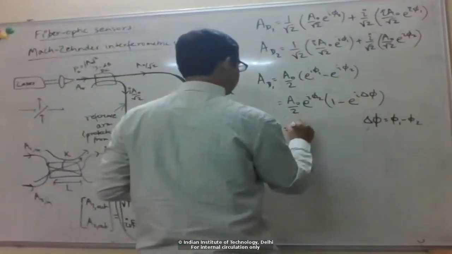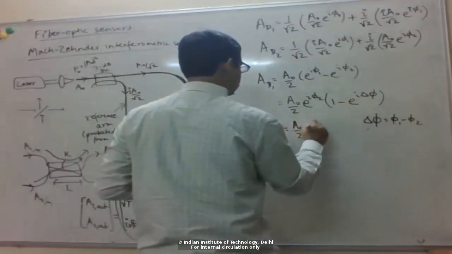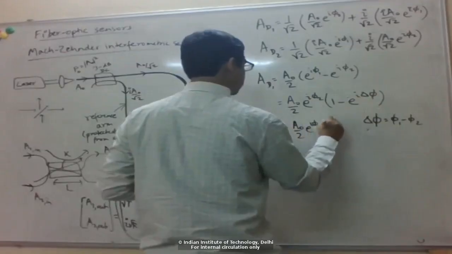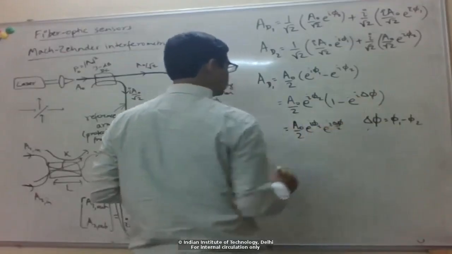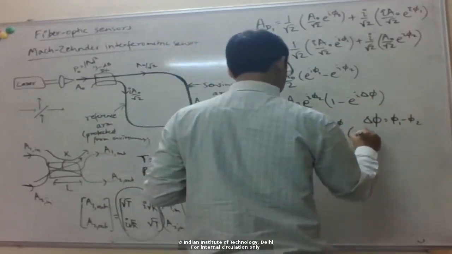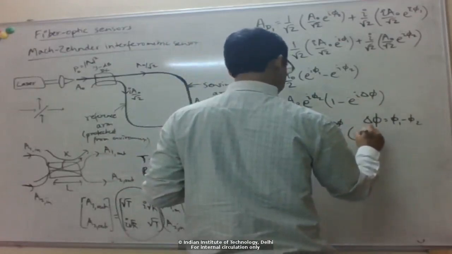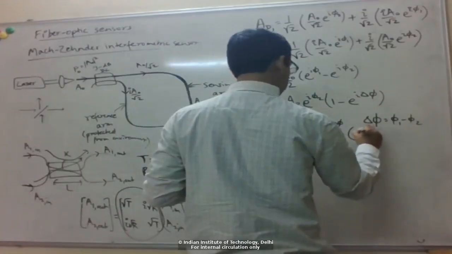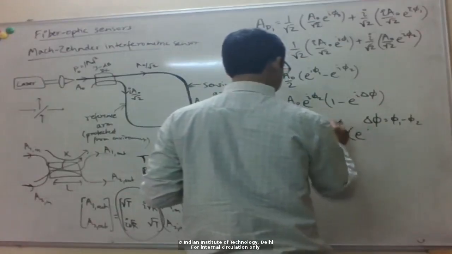So then I further take e to the i delta phi by 2 out common.